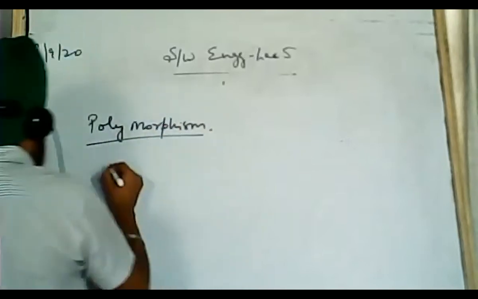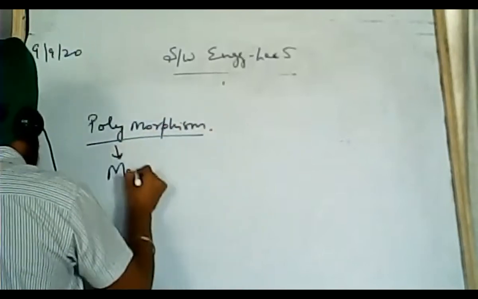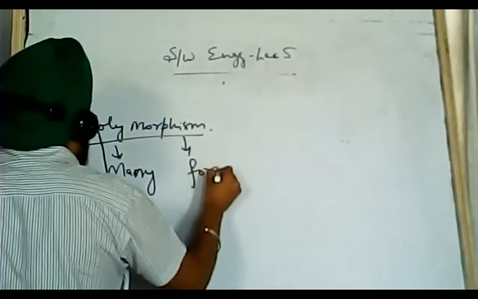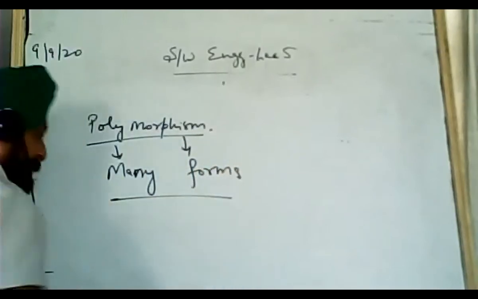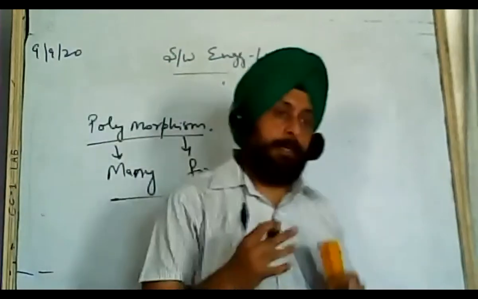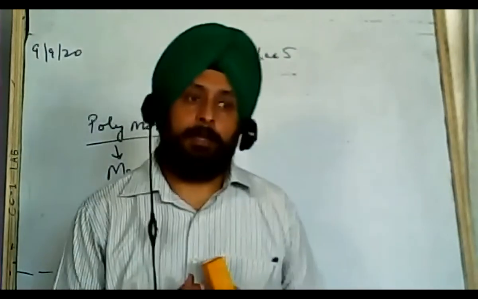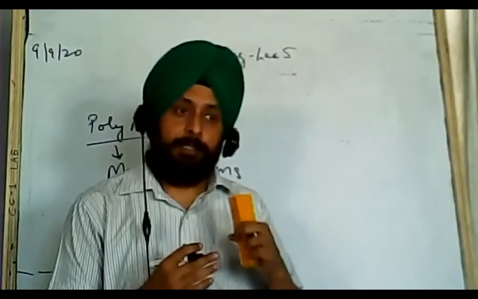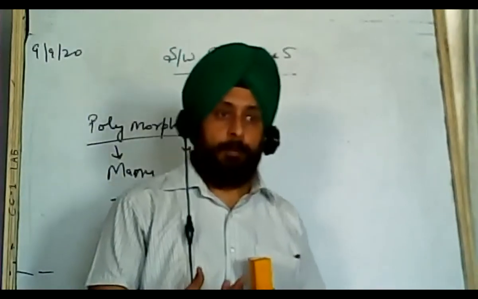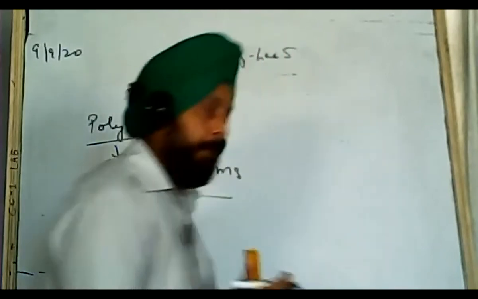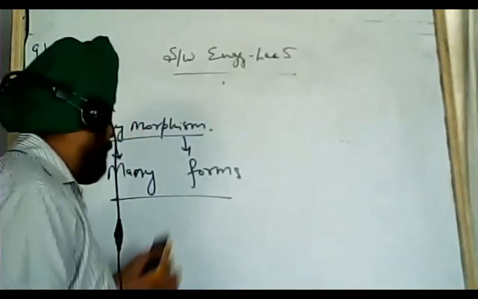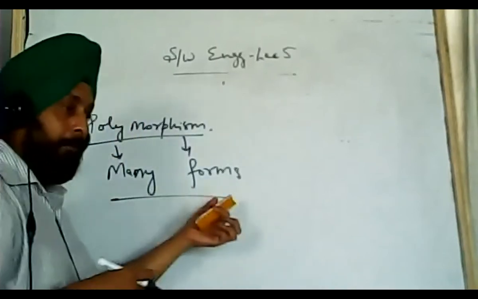Polymorphism. Poly means many, morph means forms. It is a concept in which a class has more than one function with the same name, but they all perform different functions. So that is polymorphism, meaning having many forms.